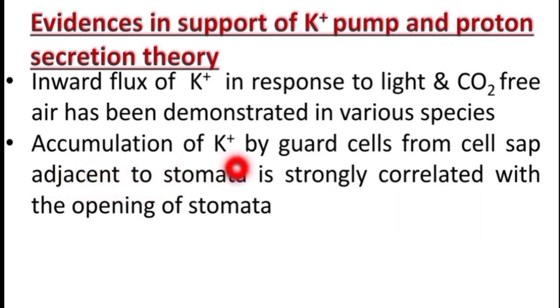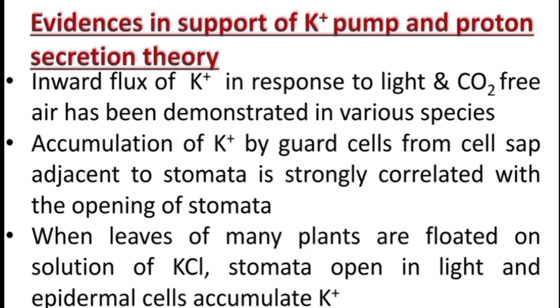Second, accumulation of potassium ion by guard cells from cells adjacent to stomata is strongly correlated with the opening of stomata. As the stomata open, it is observed that a large amount of potassium ion accumulates in the guard cell, and this accumulation leads to the change in the potential of the cell.